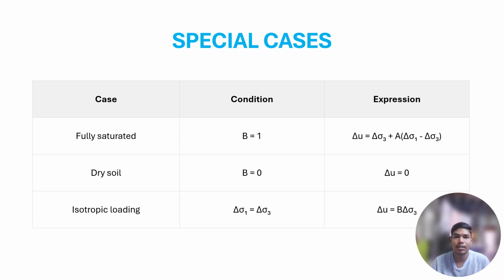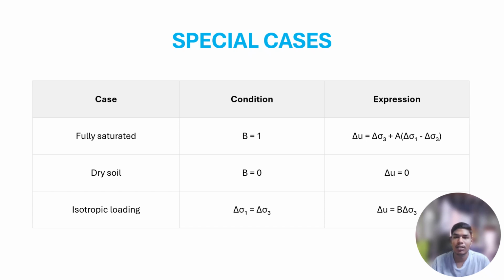Next, the special cases of the parameters. The first case is fully saturated soil, that is, B is equal to 1. The expression for fully saturated soil is delta U is equal to delta sigma 3 plus A of delta sigma 1 minus delta sigma 3. Next, for dry soil, B is equal to 0. Here we already know B is equal to 0 for dry soil, where delta U is equal to 0.